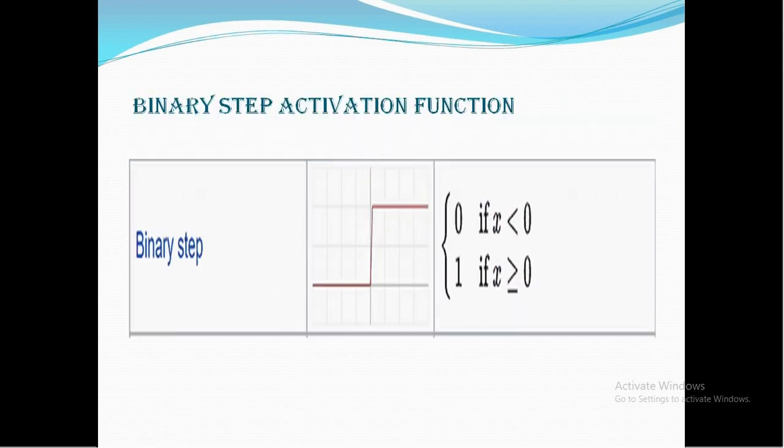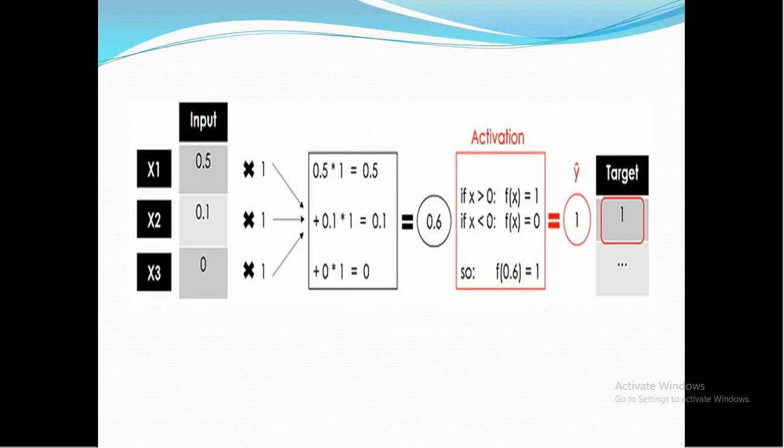I shall use a binary step activation function that returns 1 or 0 only: 0 if x is less than 0, 1 if x is greater than or equal to 0. We have the output of our perceptron, a single layer neural network that takes some input and returns one output.